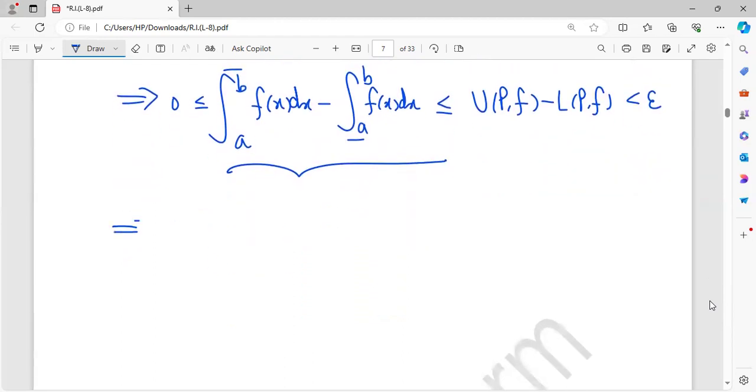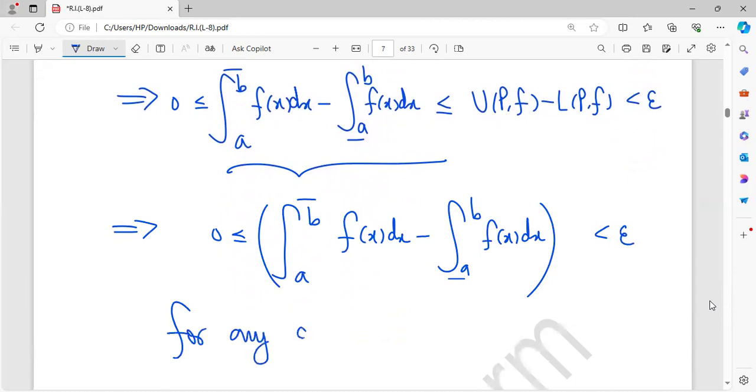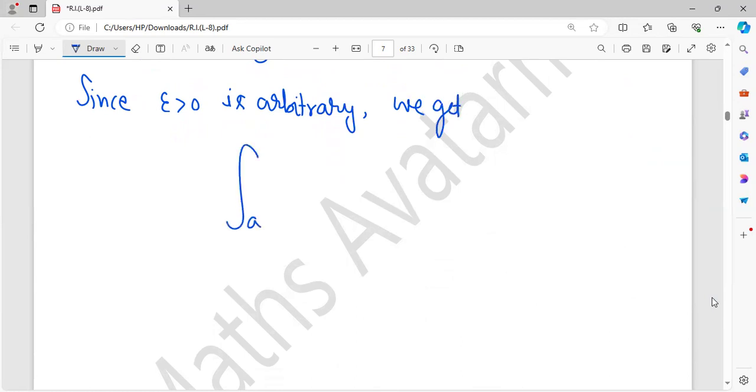So this implies, for any epsilon greater than 0, since epsilon is arbitrary, we can choose it as small as we like, so this quantity has to be 0.